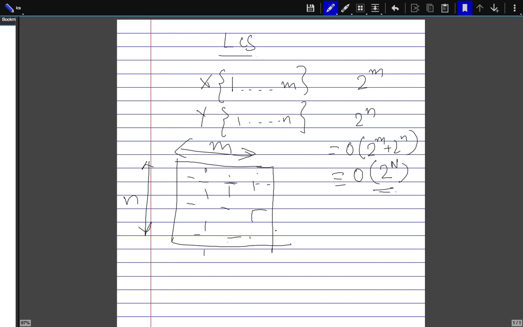So say I'm going to match x of 0 and j, where I take i to iterate here and j to iterate here.